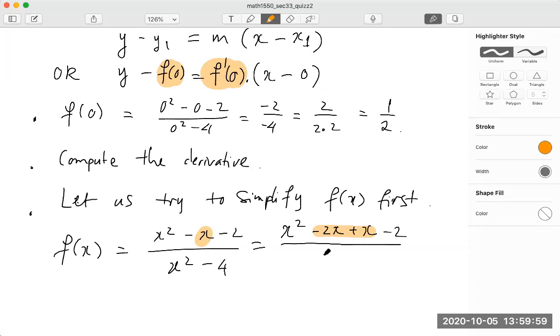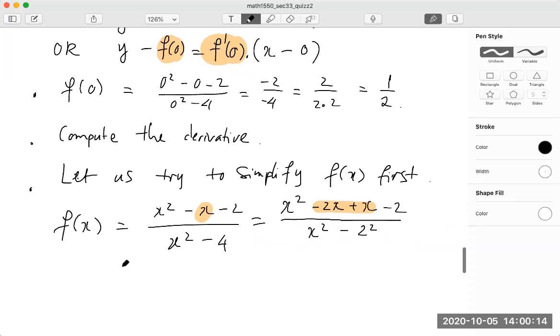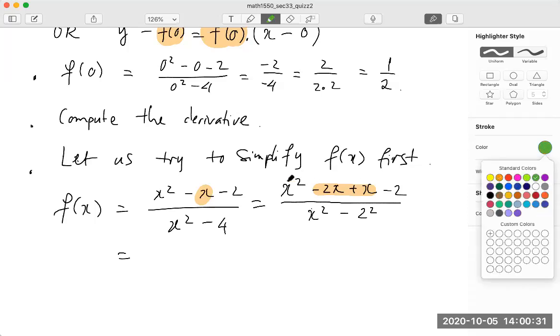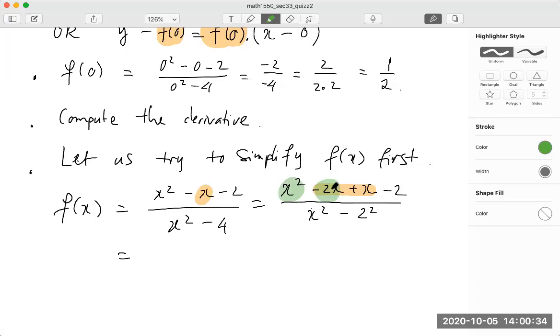Who was that? Is it Marisa? Yes. Thank you. And here, the denominator, we can factor it, right? Using the formula, x squared minus 4, which is 2 squared. Now, if we do it slowly here, we can factor the common factor out. And what do we have in the numerator here? So let us consider the first two terms. This guy and this guy, okay? What is the common thing? X, very good. Thank you, Carson.